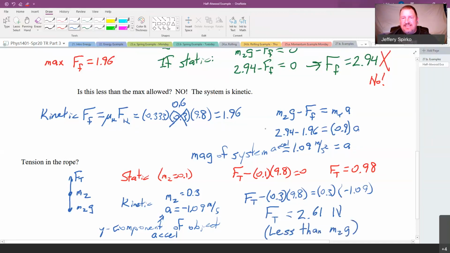And note that that is less than the M2G, which was 2.94, because our object is accelerating downwards. So when you're accelerating in the negative direction, you require less tension to hold on to the object. So there's a full pair of half Atwood's machines analyses for you.